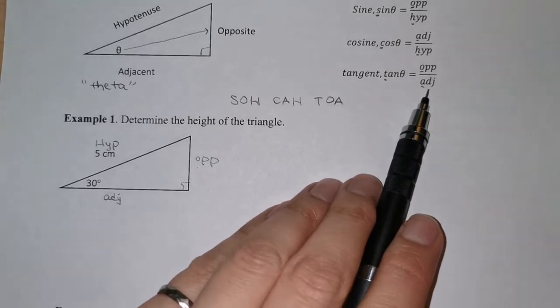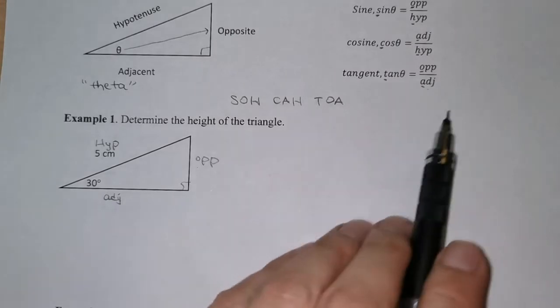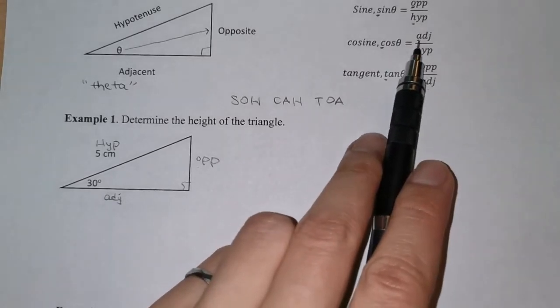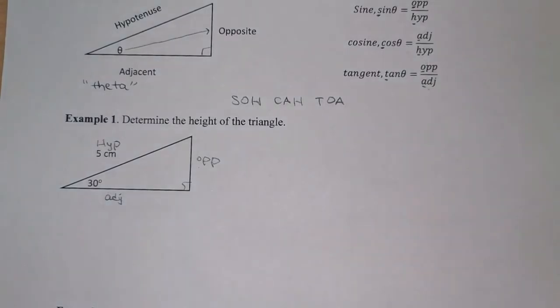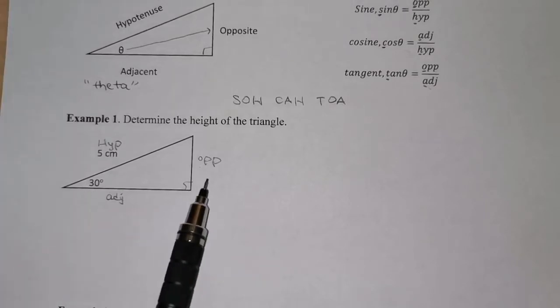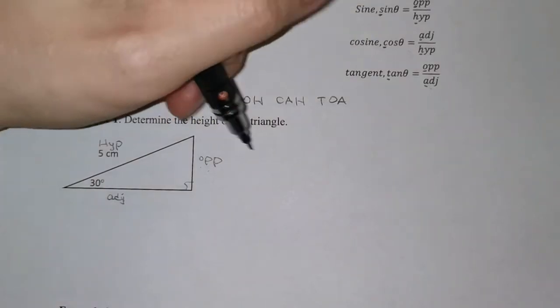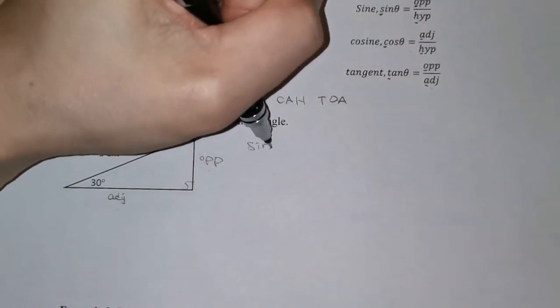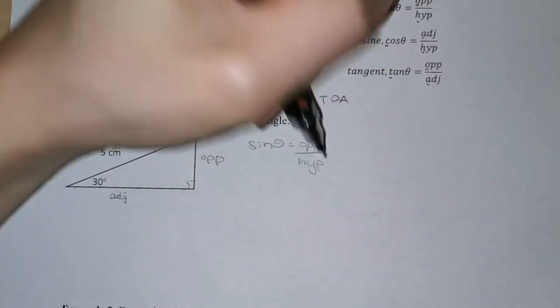We don't know the adjacent side and we don't need it, so you can cross that one off the list. Cosine has the adjacent side in the formula, but again, we don't know it, we don't need to know it, so that's useless for us. Our sine theta, though, is opposite divided by hypotenuse. This is something we need and we have. So that means we are going to use sine theta opposite over hypotenuse.